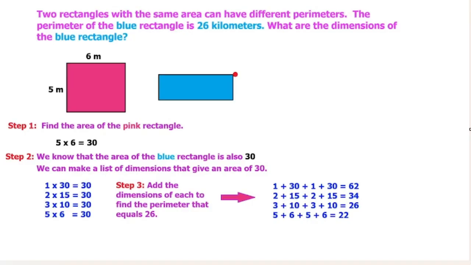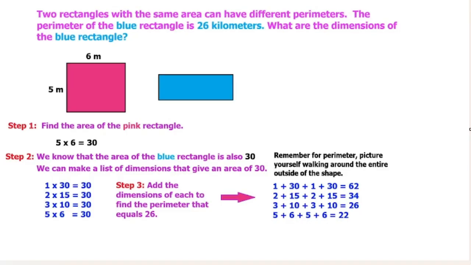If this was 6 and this is 5, so start here. 5 plus 6 plus 5 plus 6 equals 22. Well, the problem tells us that the perimeter of this blue rectangle is 26 kilometers. So we know it's this one.